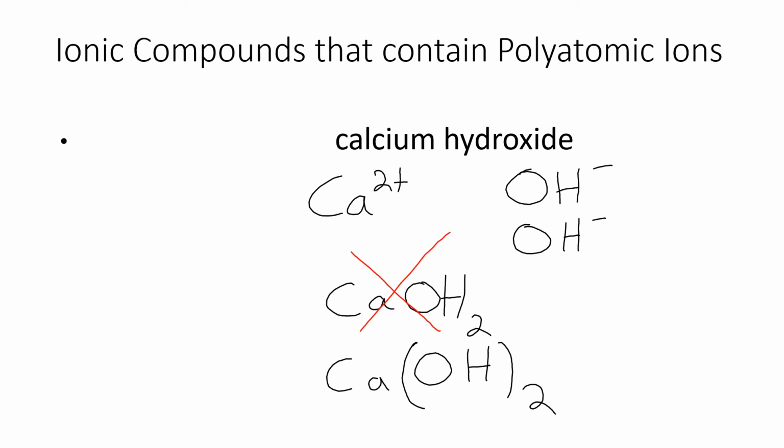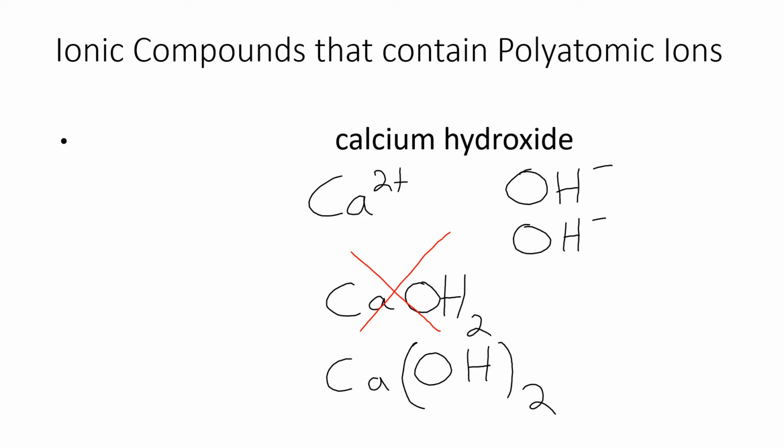Now you're being perfectly clear what you have. We use parentheses here just like you would use parentheses in writing to put things as a group, or parentheses in math to group things together. Now this is the correct way of writing this.